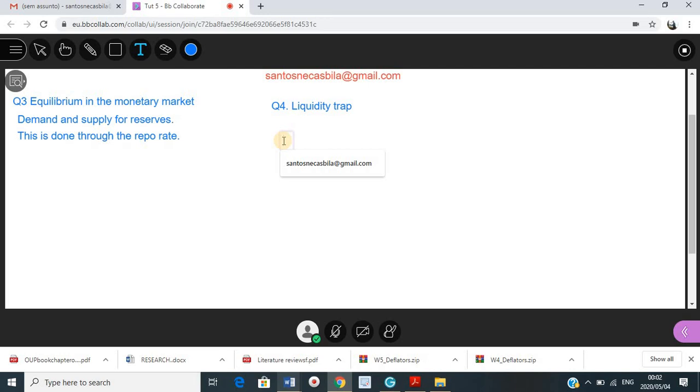Okay, it is well known. The reason why we are having interest rate going down and down and down, and people holding money, is that they have an expectation that the interest rate is going to increase soon. If the interest rate is increasing, borrowing money is going to be so expensive.